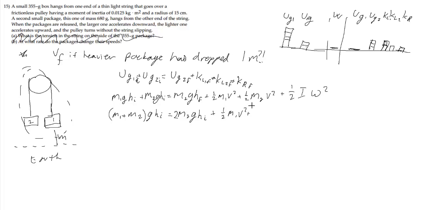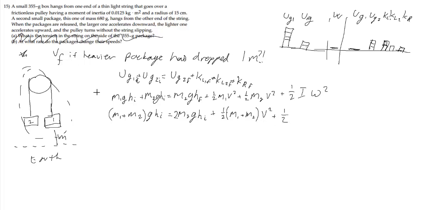Oh, and I'm going to factor out the 1/2 v squared here to make this calculation a little simpler: 1/2 m1 plus m2 v squared plus 1/2.